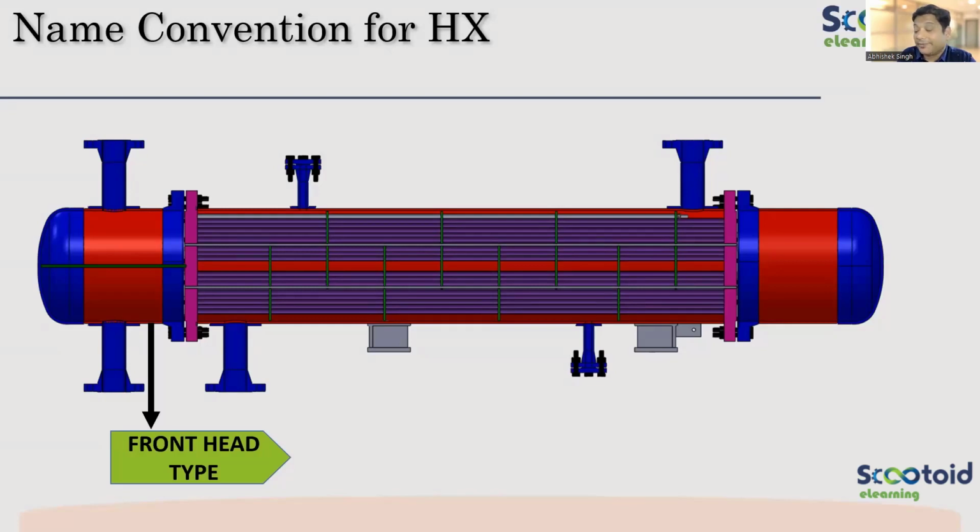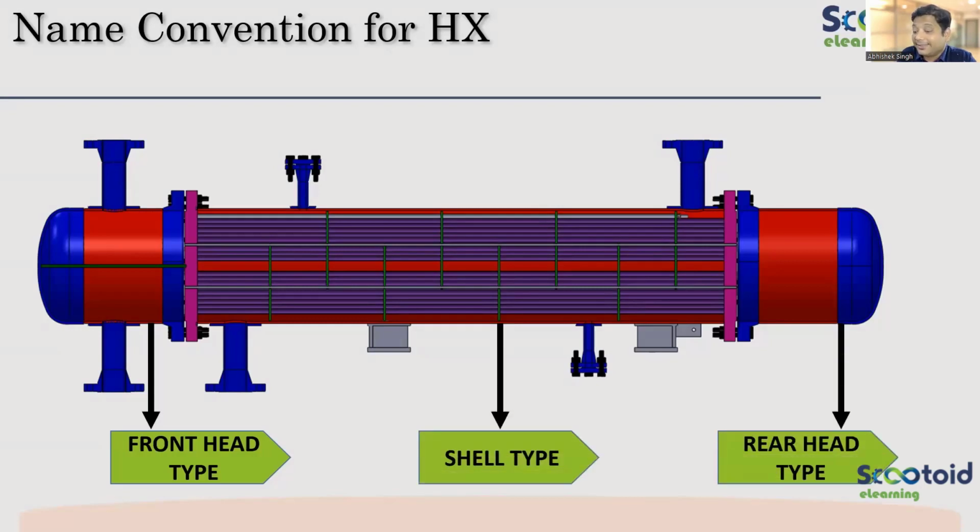It is divided into 3 parts: front head type, then shell type, then rear head type. There are 3 different types. The whole heat exchanger is divided into these 3 parts.